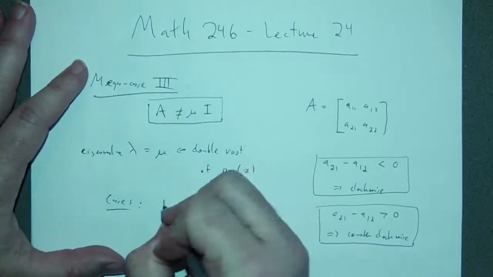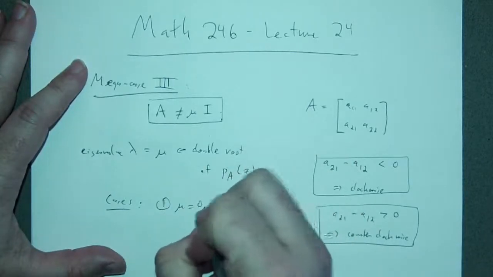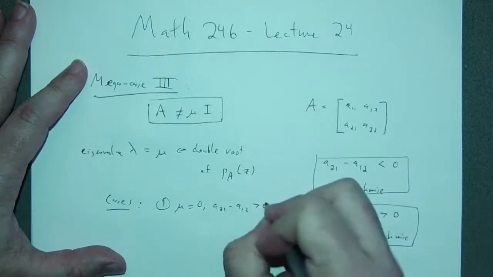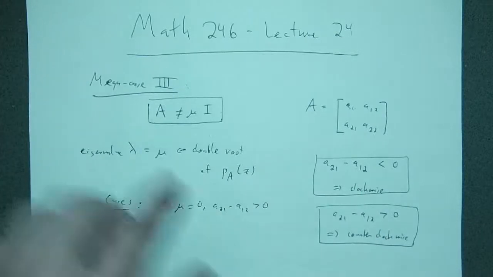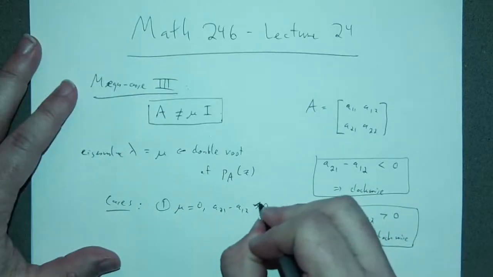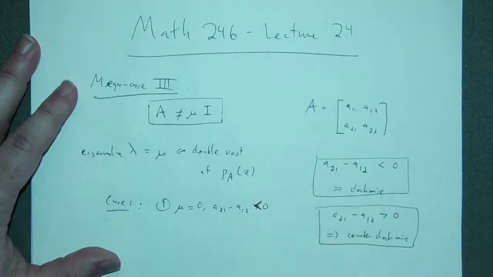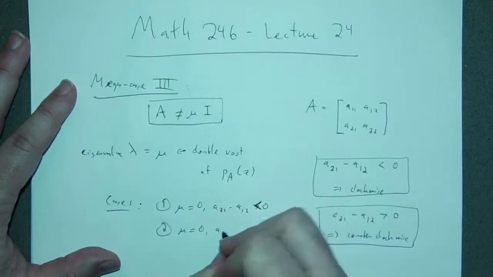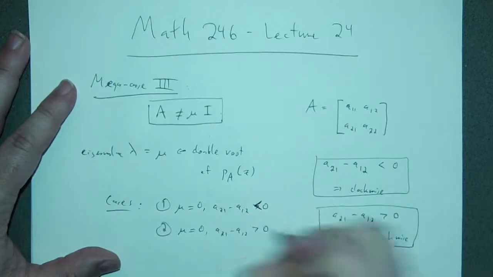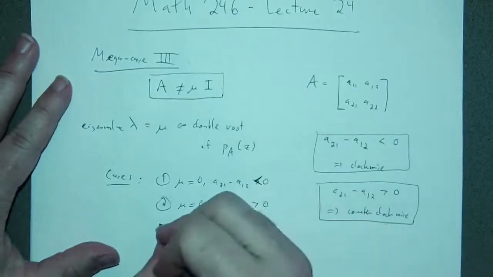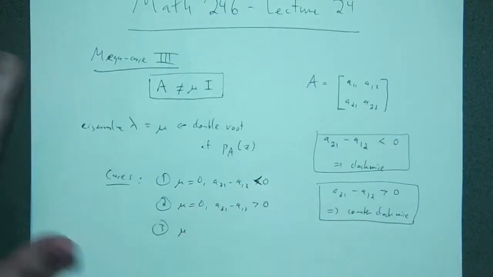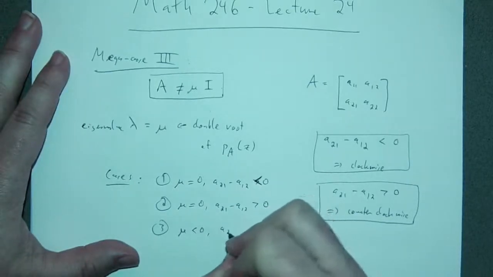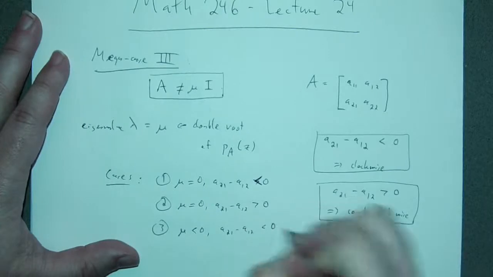All right. So the first case is mu equals 0, and A21 minus A12 is negative. I think they do negative first, so I'll do that to keep in line with the notes. The second case is mu equals 0, but A21 minus A12 is positive. The third case is mu is negative, and A21 minus A12 is negative.